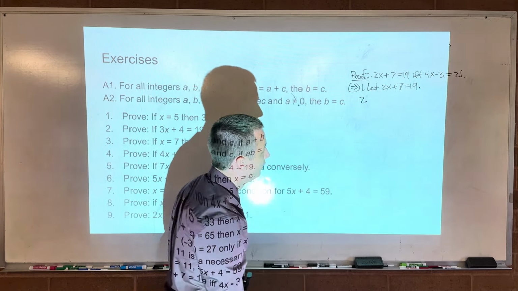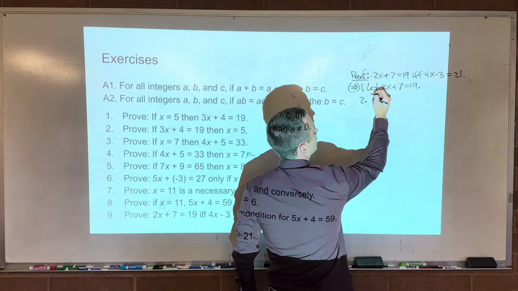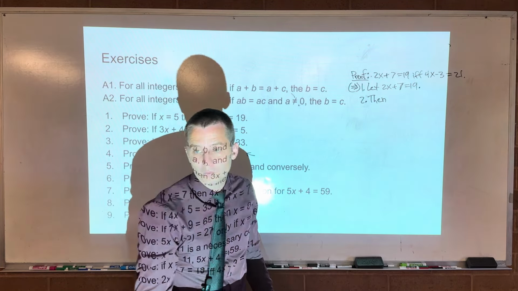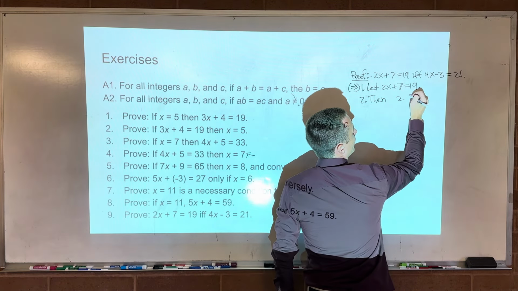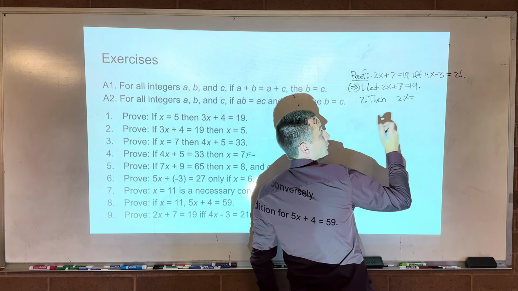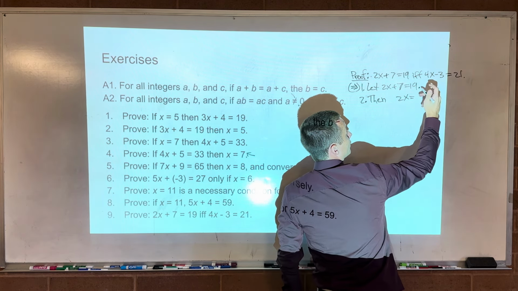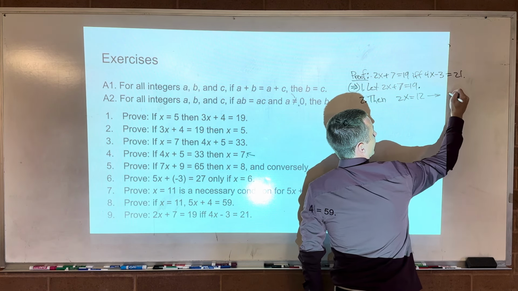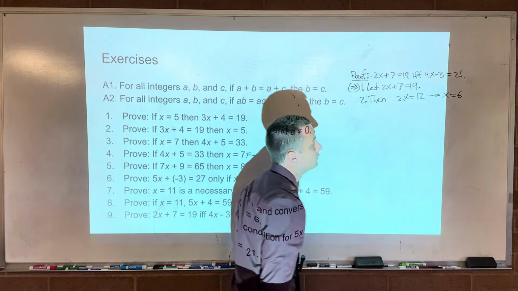Okay. So let 2x plus 7 equal 19. Then subtract 7 from both sides. We won't bother writing that out now. Then 2x is equal to, what's 19 minus 7? 12. And 2x equals 12 implies x equals 6, right?